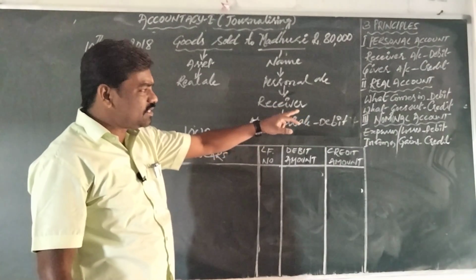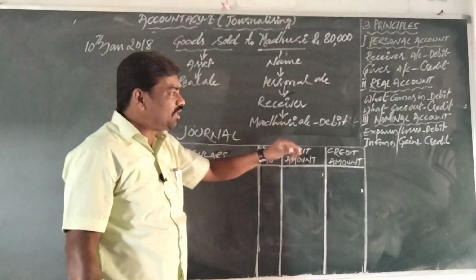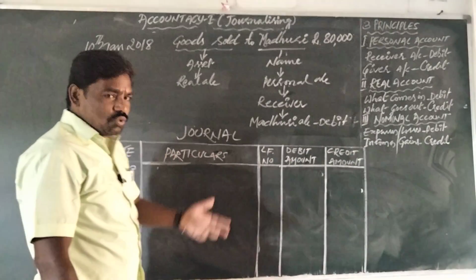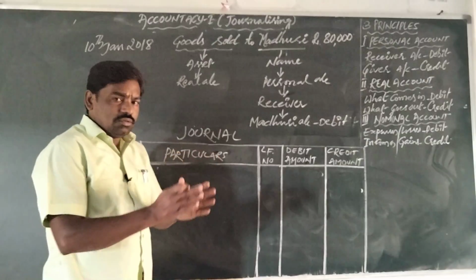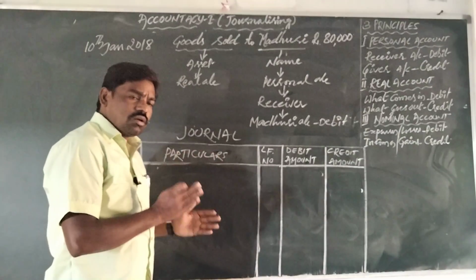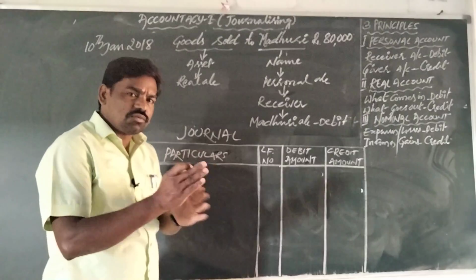Real account principle says that what comes in, debit; what goes out, credit. So when we sell the goods, are the goods coming into the business, or going out of the business?